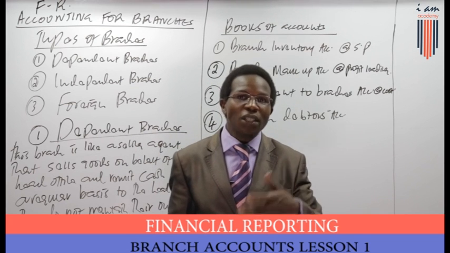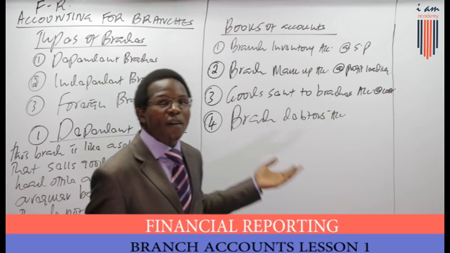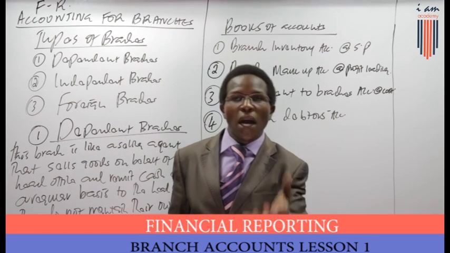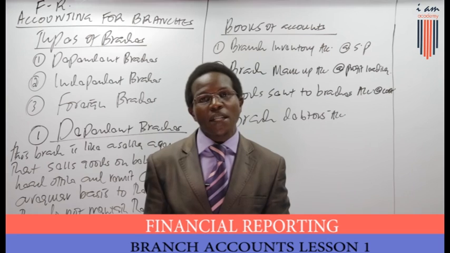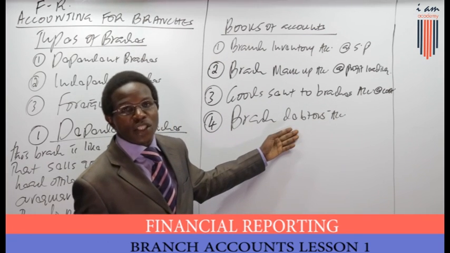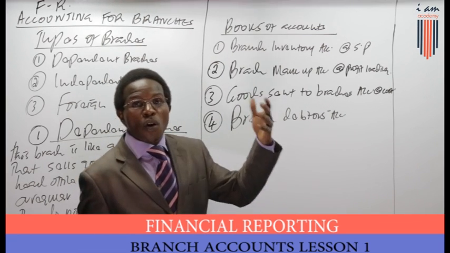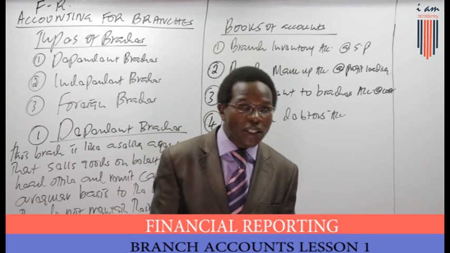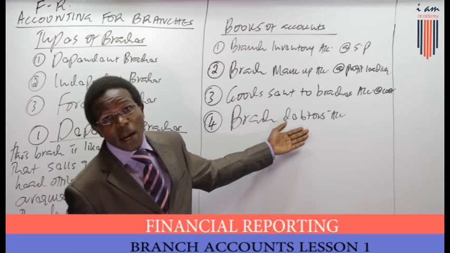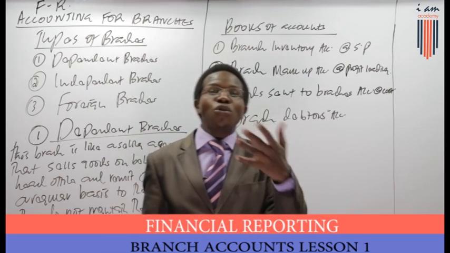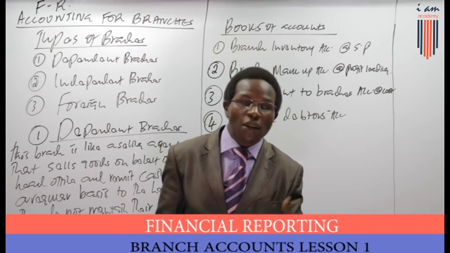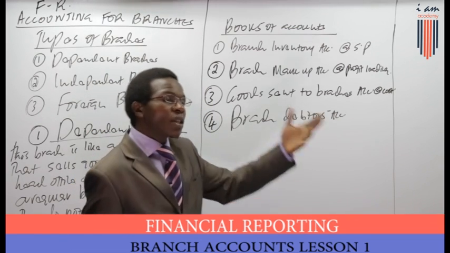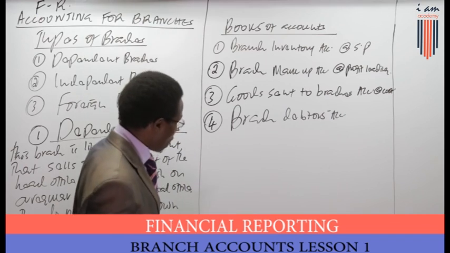If you sell goods on credit, you will have to debit the branch debtors account. If you receive some cash from the credit customers, you must credit the branch debtors account. If bad debts are to be written off from branch customers, you have to credit the branch debtors account. If you are going to give them discount allowed and what have you, it must go through the branch debtors account. So that's important, not something very new.